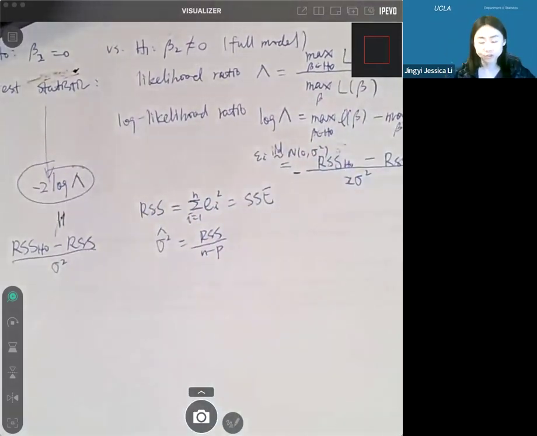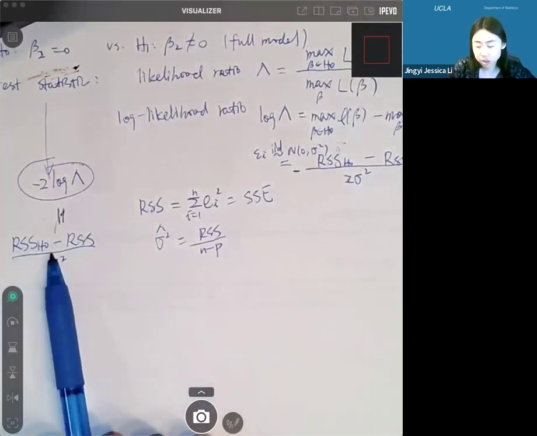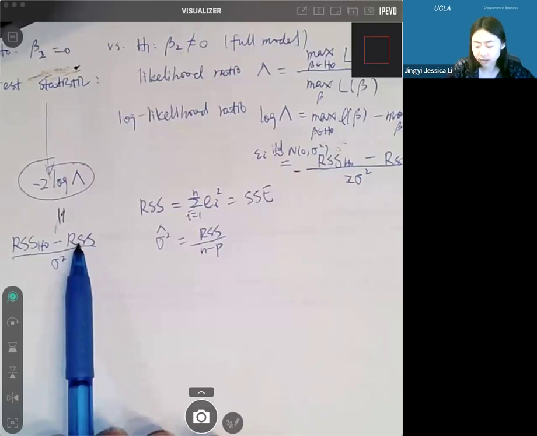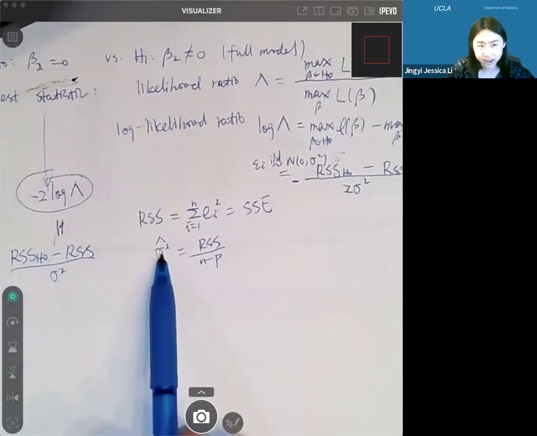But now we have 2 models: the constrained, smaller model under H0, and the full model under H1. Under each model, we could have a sigma square hat.